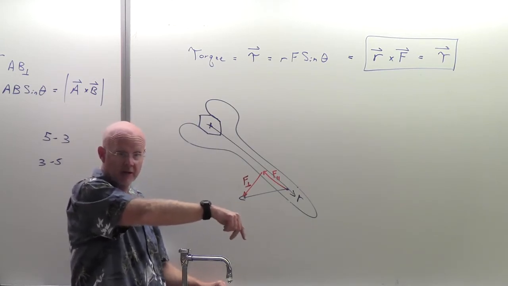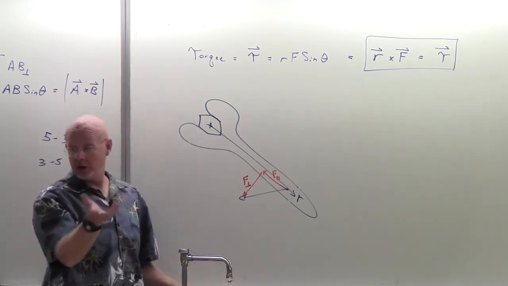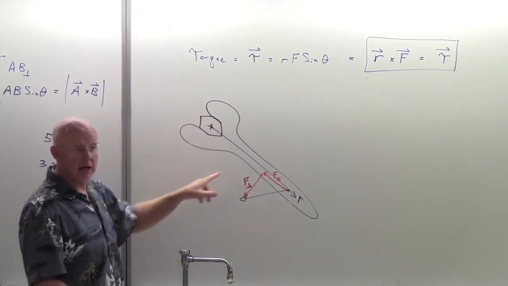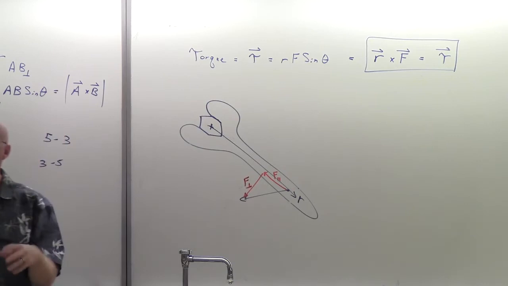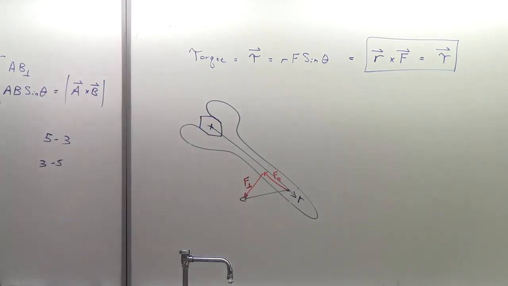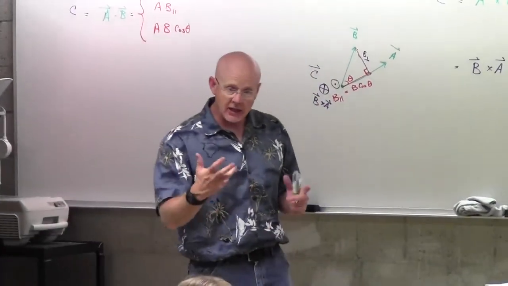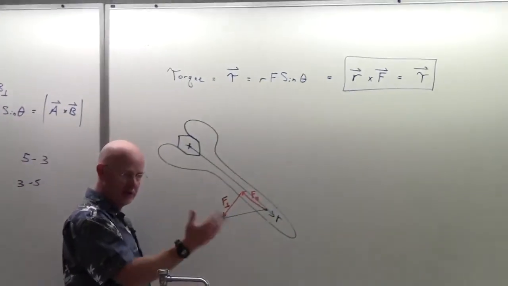So this tells me that I get a negative torque. Of course, you already told me that earlier. You told me if you were to pull on this wrench, it would rotate in a clockwise direction. That is a negative torque. So you already realized it was a negative torque before I went through all this right-hand rule stuff. But that's what I'm trying to get you to see, that you can use this right-hand rule to get you to the point of what direction is the torque.